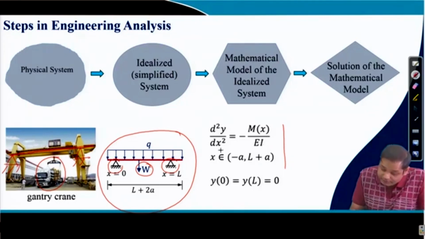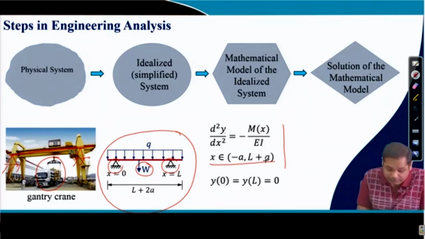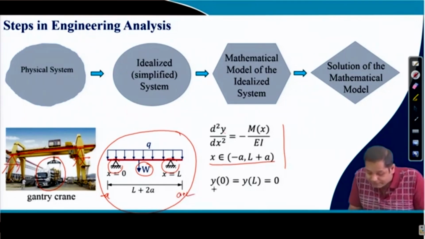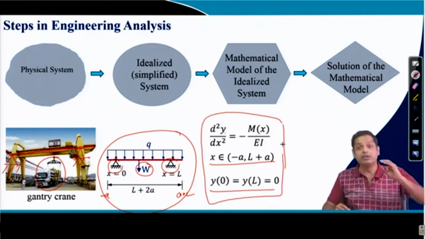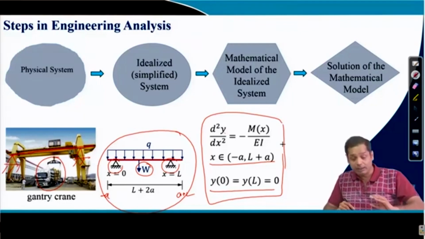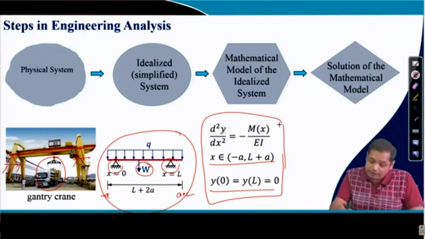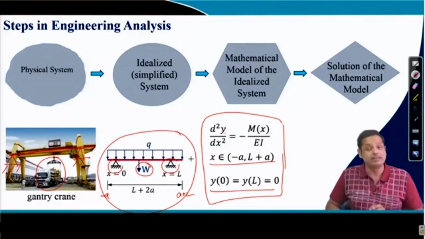But this equation alone is not complete. This is the domain: x varies from minus a to a plus L, where L is the length, and then these are the boundary conditions. So all together, the equation, the domain, and the conditions at the boundary give us the complete mathematical representation of this idealized system.